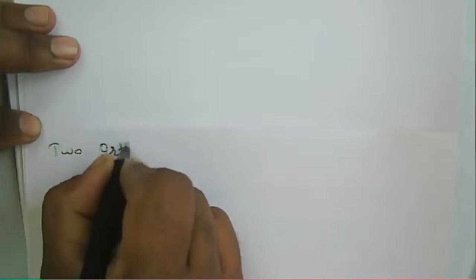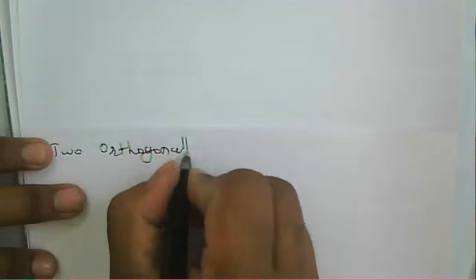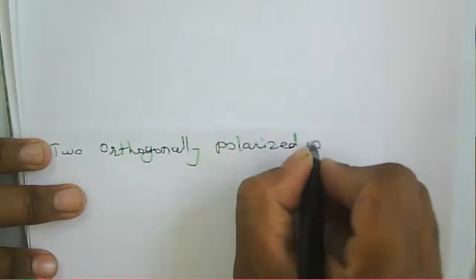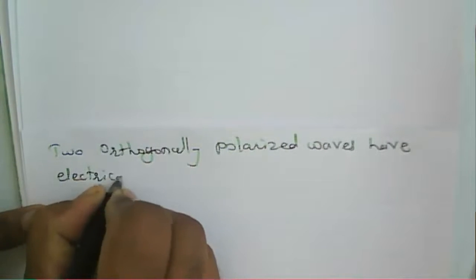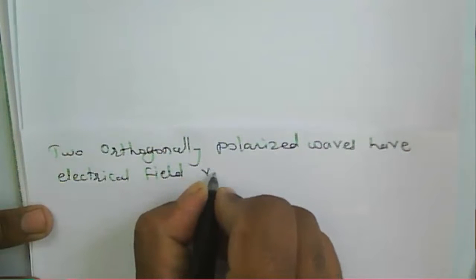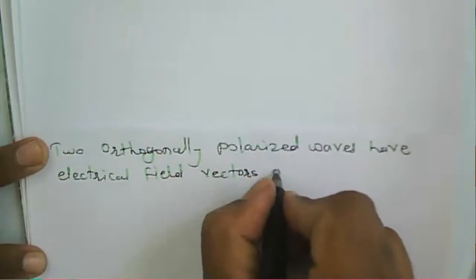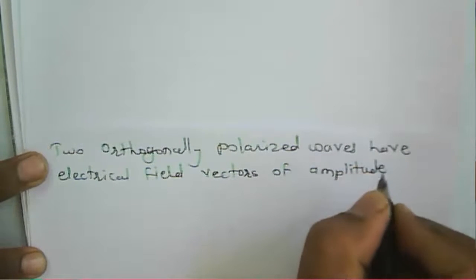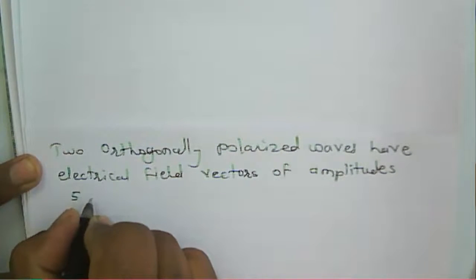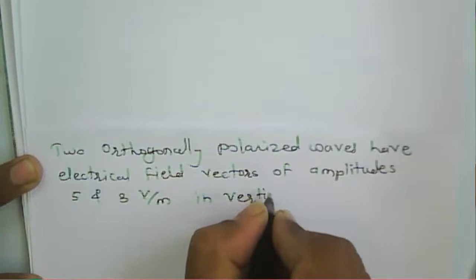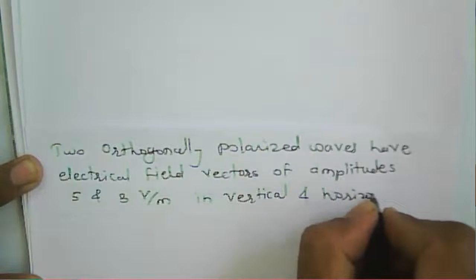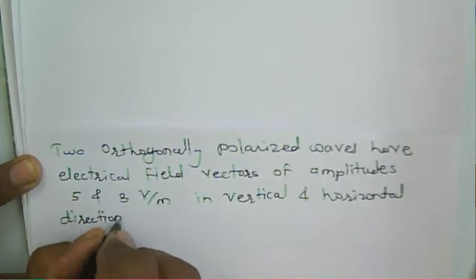Next: two orthogonally polarized waves have electrical field vector amplitudes of 5 and 3 volts per meter in the vertical and horizontal directions respectively.